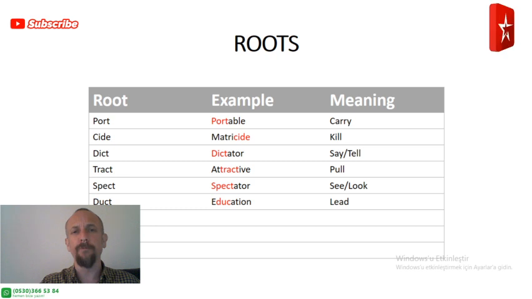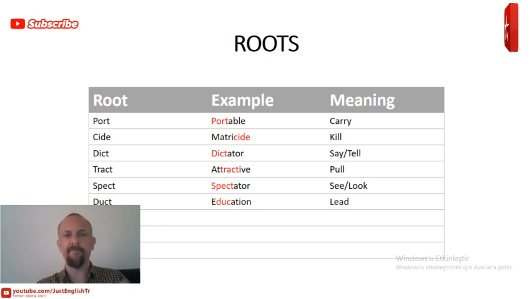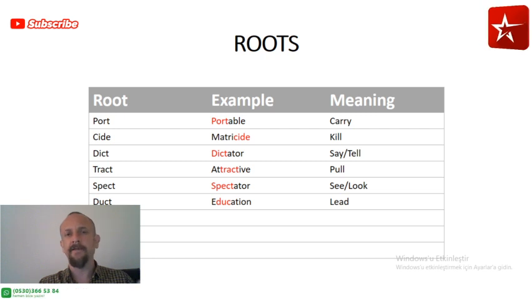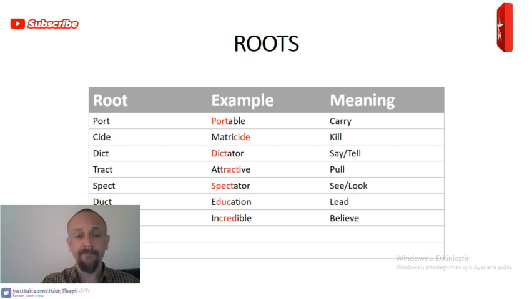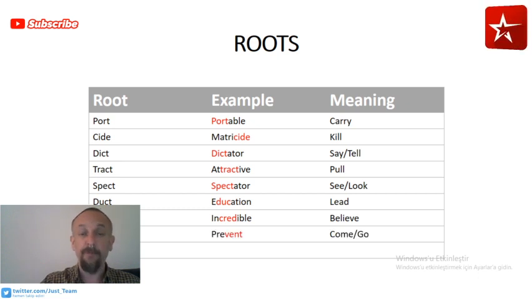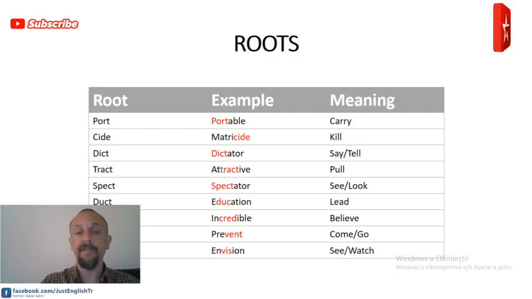Next week's lesson, we'll be looking at all of these pieces together, prefixes, suffixes, and roots, and trying to understand some really difficult vocabulary using these. We saw that cred meant believe, as in credible, and we had incredible, inanılmaz. Then we had vene and vent, meaning to come or go. And then we had vis, or vid, meaning to see or to watch.